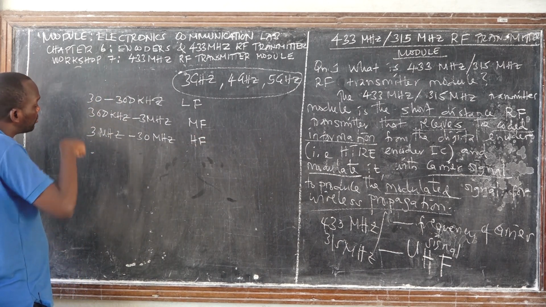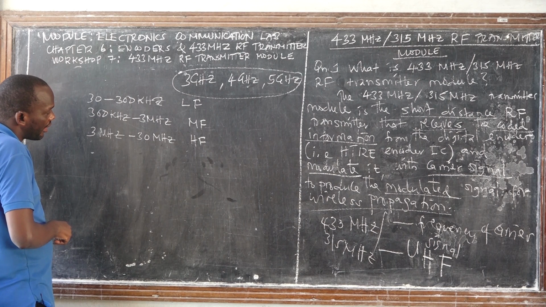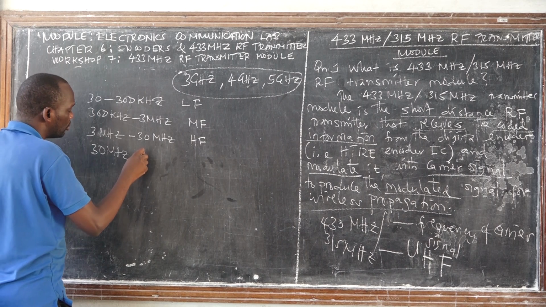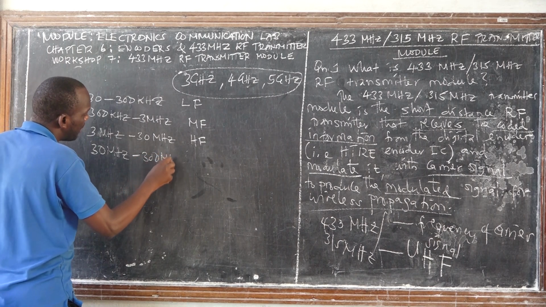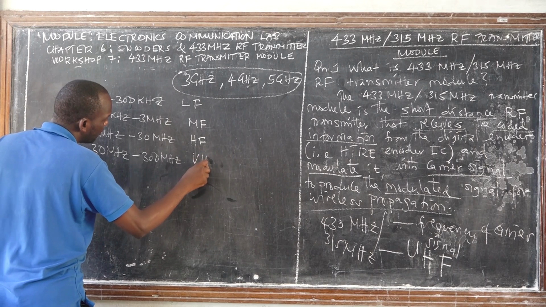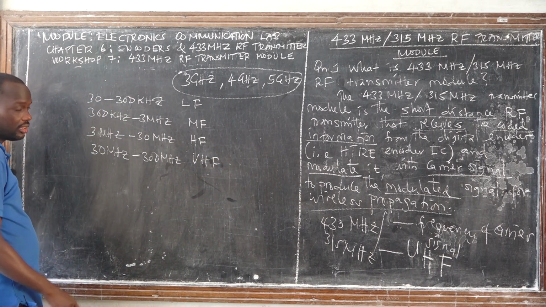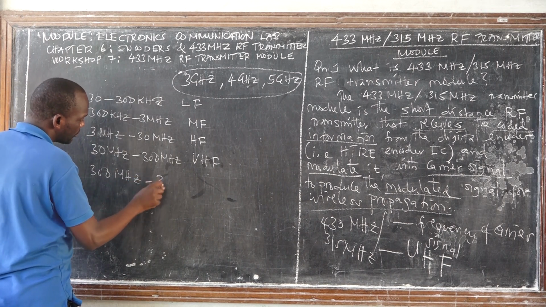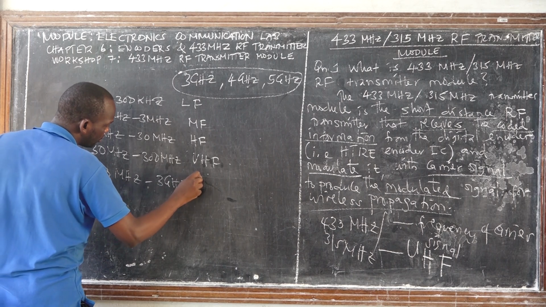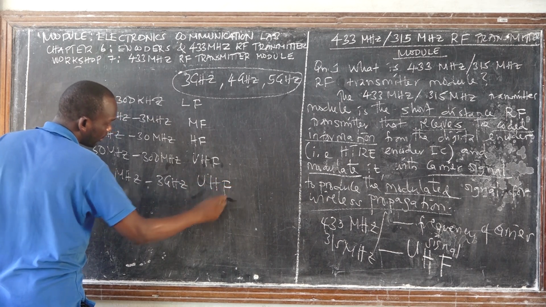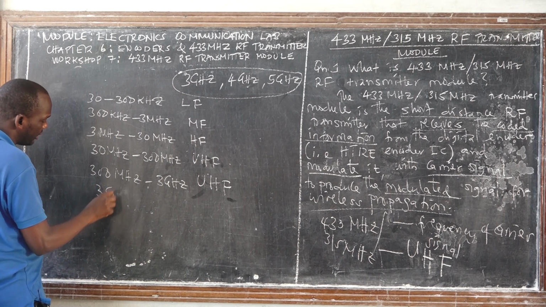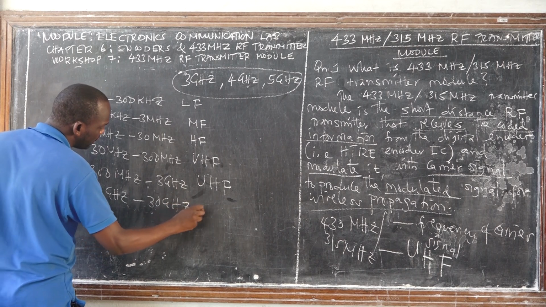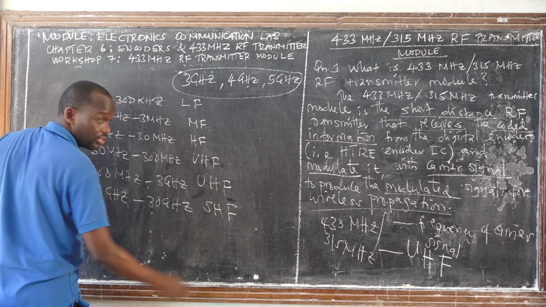From 3 megahertz to 30 megahertz is high frequency. From 30 megahertz to 300 megahertz is VHF, very high frequency. From 300 megahertz to 3 gigahertz is ultra high frequency. From 3 gigahertz to 30 gigahertz is super high frequency.